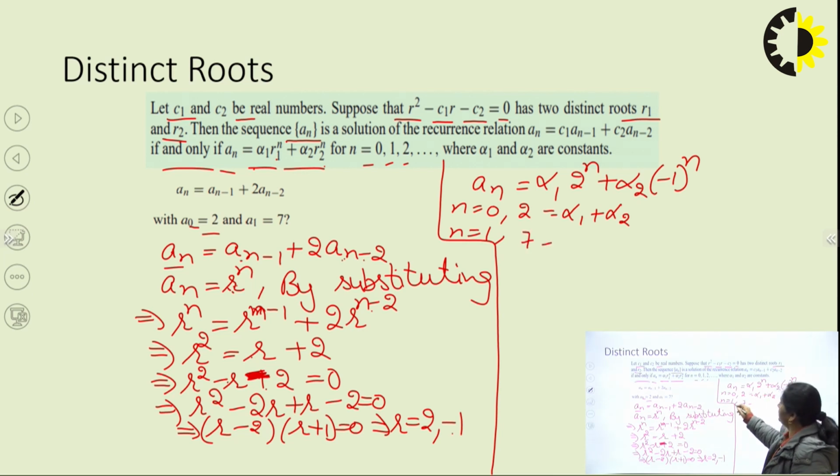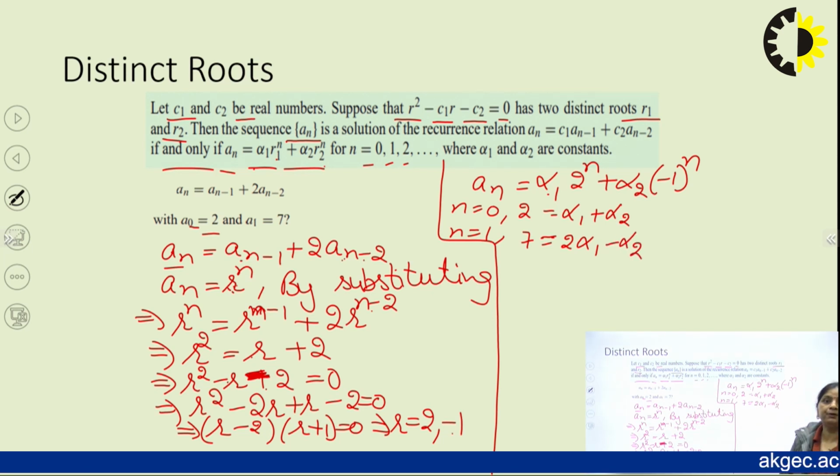Now n will be substituted with 1, so this will be 2 to the power 1, which means 2 alpha 1. Same way here, -1 to the power 1 is -1, so minus alpha 2. So I got two equations for alpha 1 and alpha 2. So from here and here I can solve for alpha 1 and alpha 2.